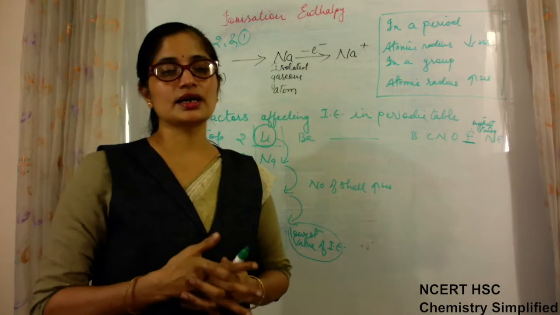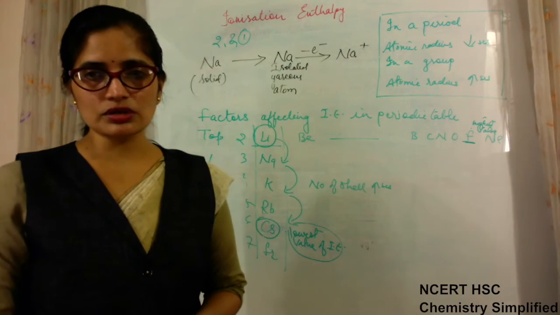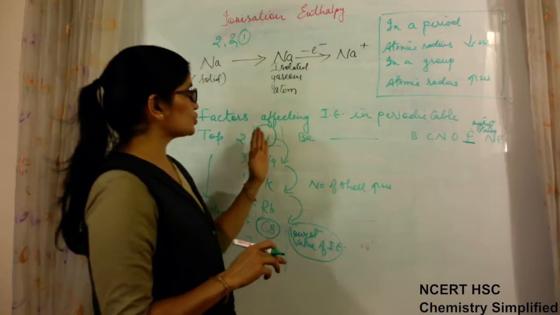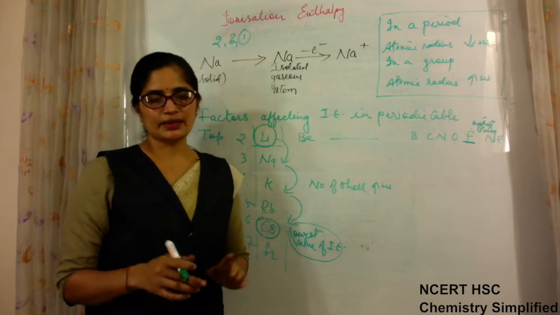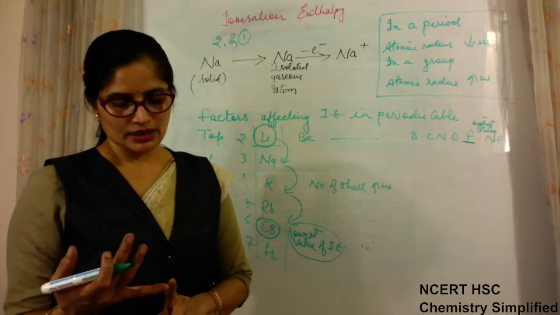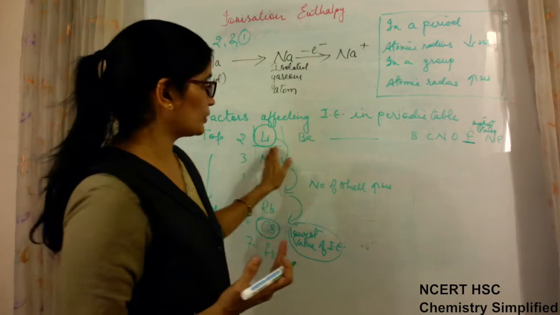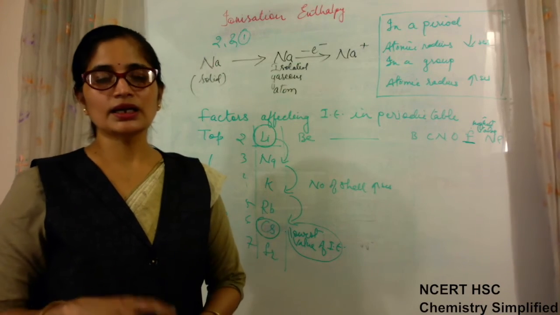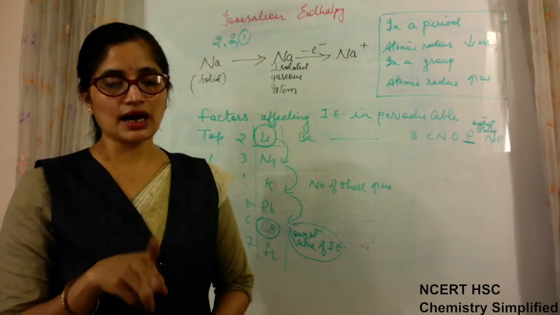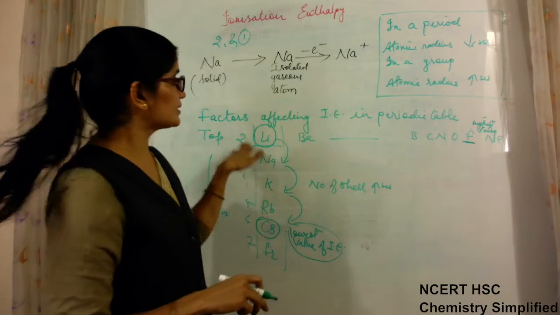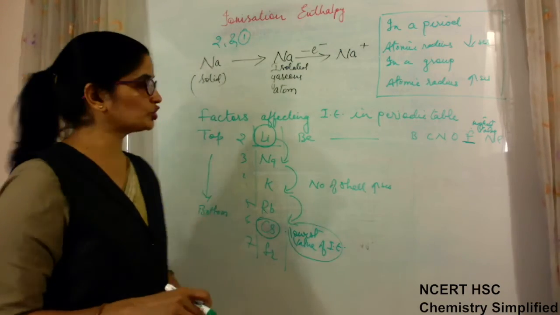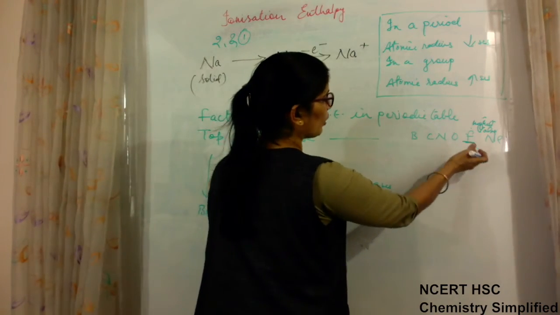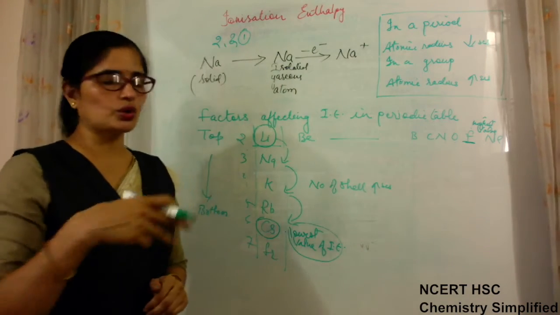Other than this, there are some other factors which also affect this. If only these two factors are present, that means one factor is the size of atom, nuclear charge from left to right, another factor number of shells from top to bottom. Other than this, two more factors are there which affect this regular trend. According to this, what should happen? When we are moving from left to right, gradually the value of ionization enthalpy should go on increasing.